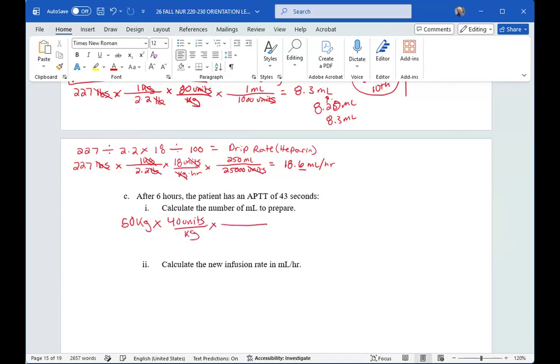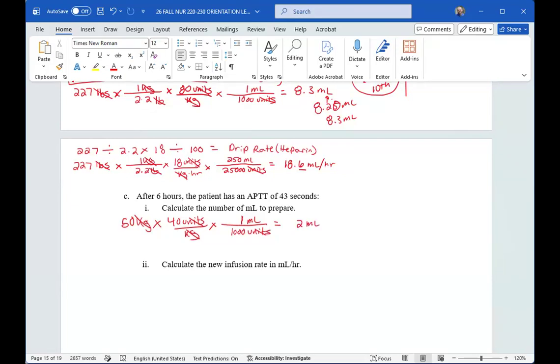And then we're still going to use the bolus dosage strength. So that doesn't change either. So 1,000 units per milliliter. So kilograms are eliminated, units are eliminated, and if you think about it, it's just half. So it would just be 2 ml. So it's just half the bolus.